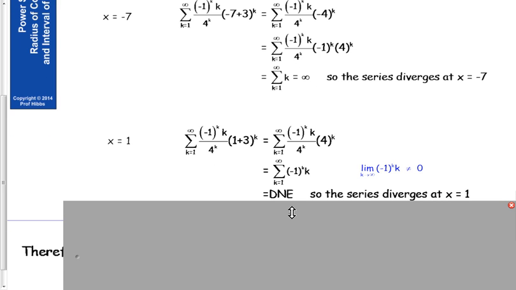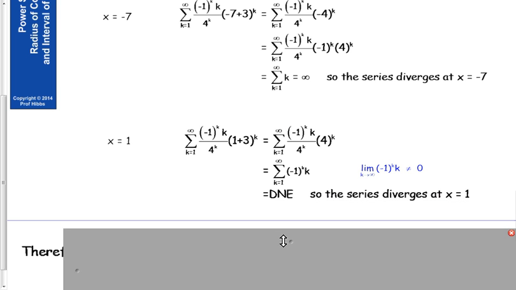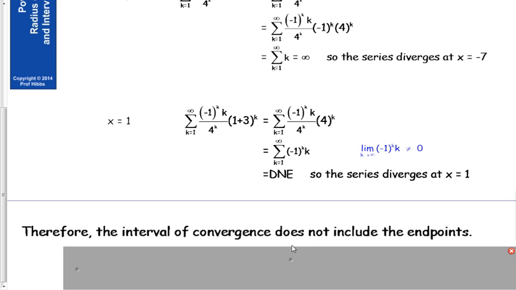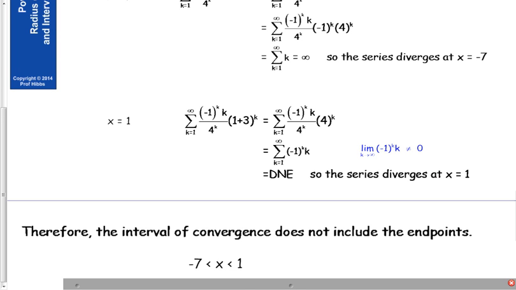Since this limit does not exist, when x is 1, the series, as I've just said, diverges. And so that tells us that the interval of convergence does not include the endpoints, and so the interval of convergence is exactly what we see here written, and we could write that in interval notation as well, but it does not include the endpoints. Very important idea.